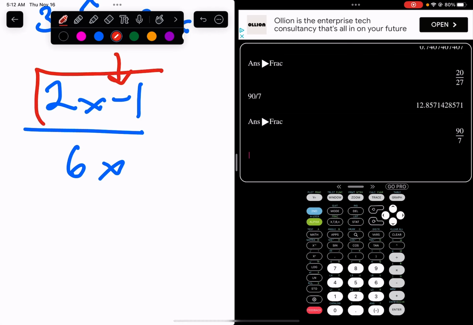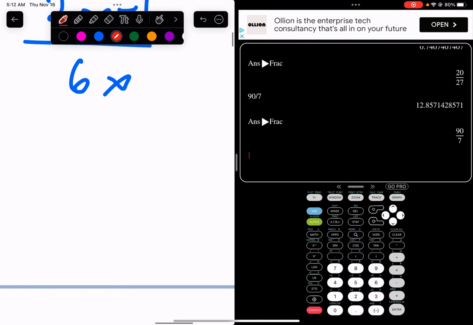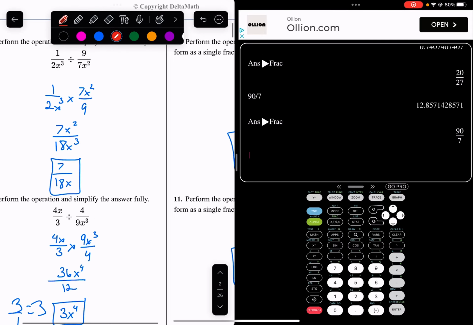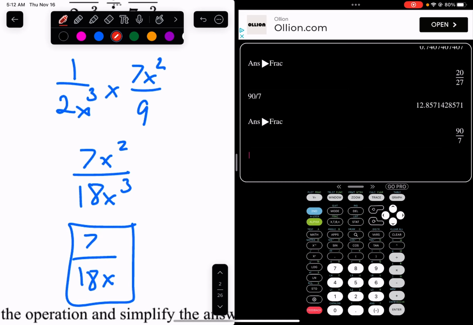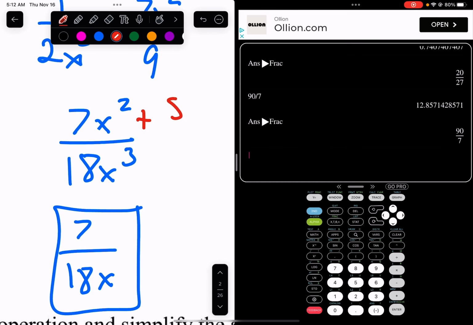You have to make sure that you look at the entire thing that's being added and subtracted together. This would be one factor on top. The time when you can is when you have something like this, where there's no plus 5 or minus 3. When it's just x terms like this, that's when you can go ahead and cancel.